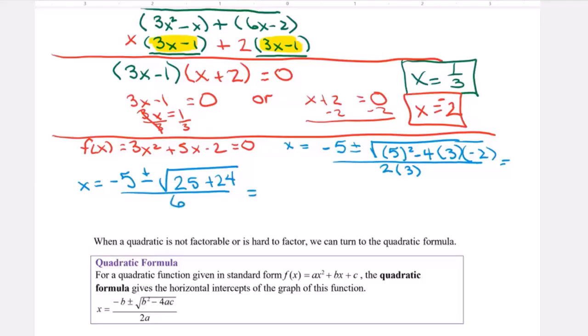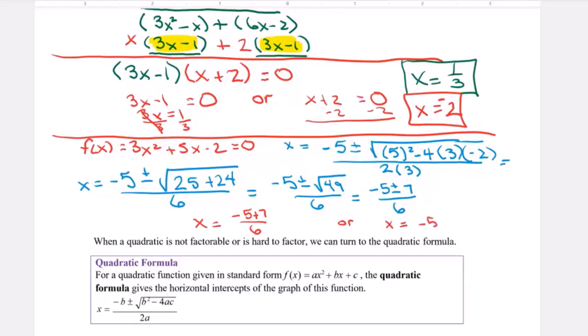That equals -5 plus or minus the square root of 49 divided by 6, which equals -5 plus or minus 7 over 6. Okay? What does that mean? That means x equals -5 plus 7 over 6, or x equals -5 minus 7 over 6.